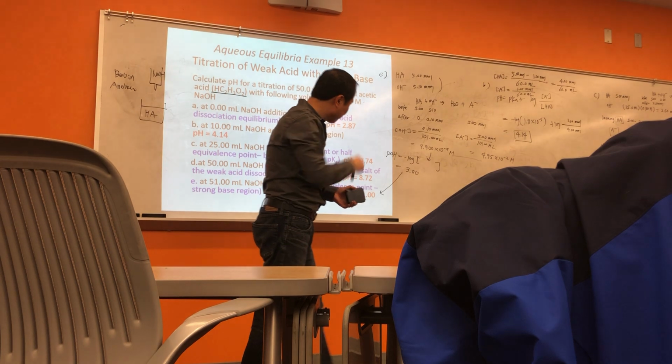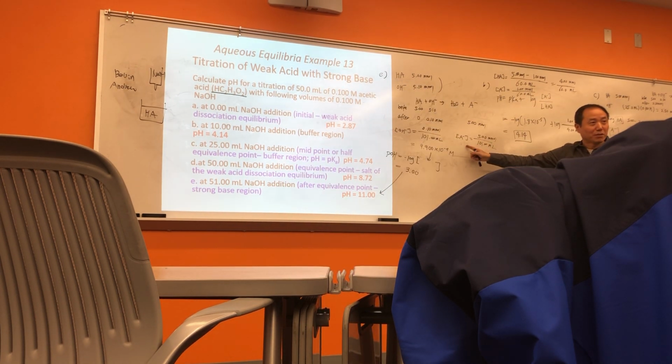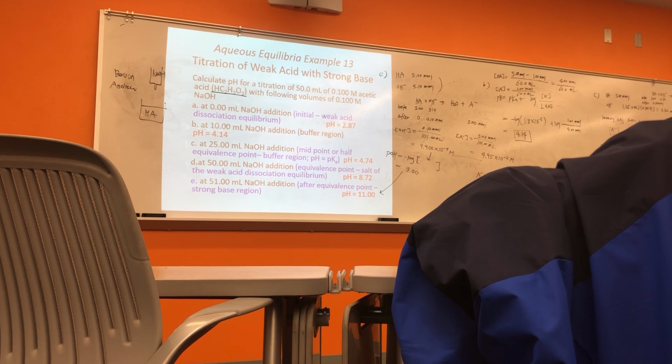But the thing is, you also have weak base in your system, right? This weak base will hydrolyze water and produce another hydroxide. But how much hydroxide will it produce?